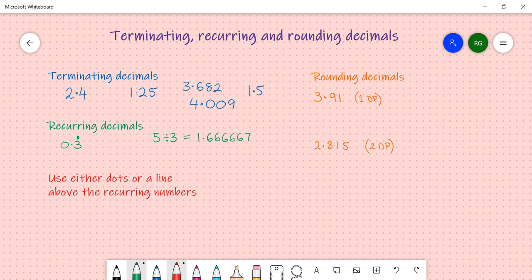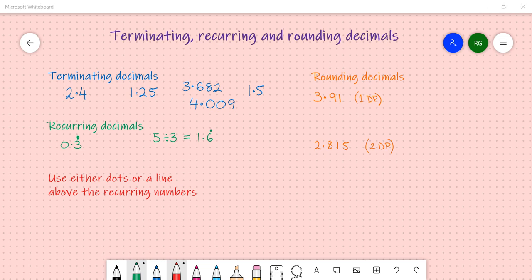So again, if I was going to actually write that, I would write it like that, 1.6 recurring.